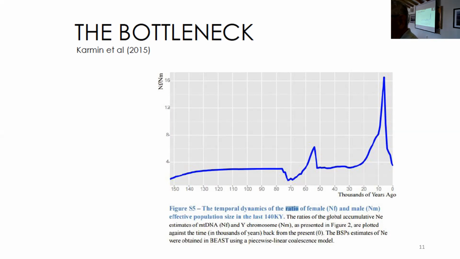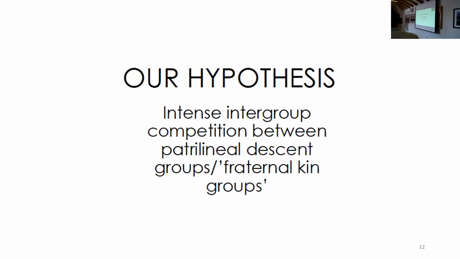How can that be? I mean, it's pretty absurd to say that there would be 17 times more females than males at that time. And that's what led us to ask, perhaps it's not exactly the way in which people envisage it, but maybe there is competition between the cultural descent groups that are based on Y chromosomes, and how would we go about modeling that?